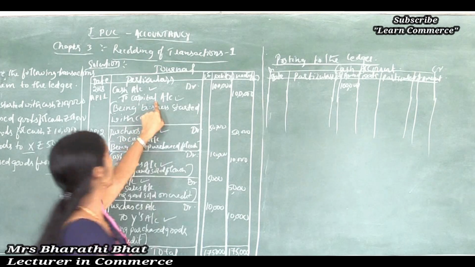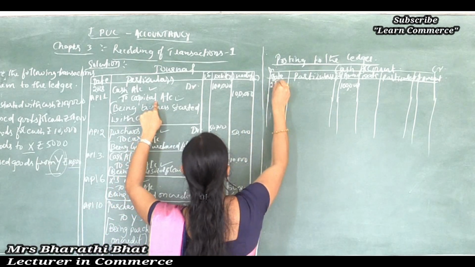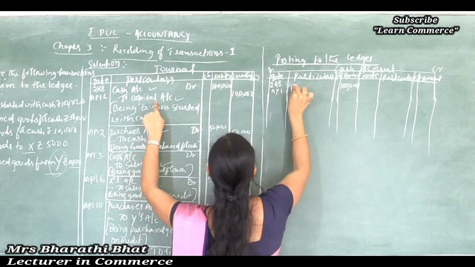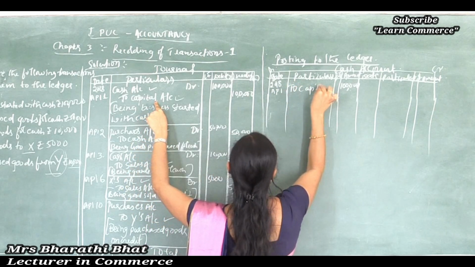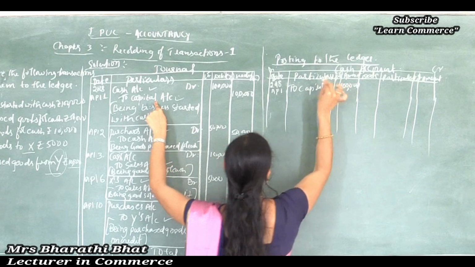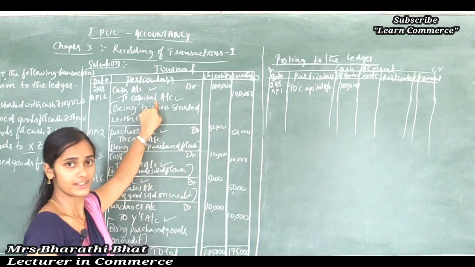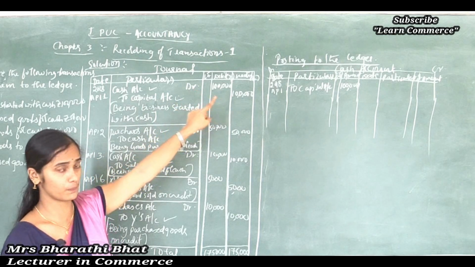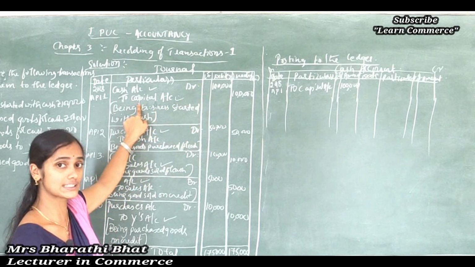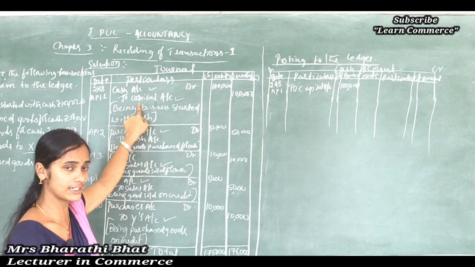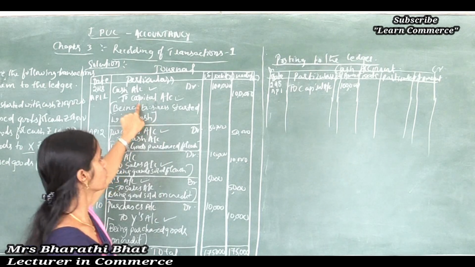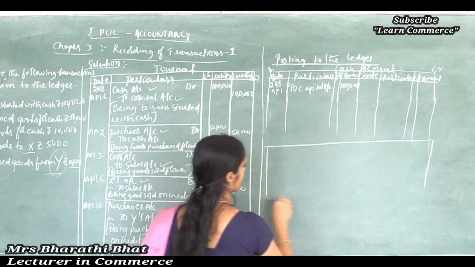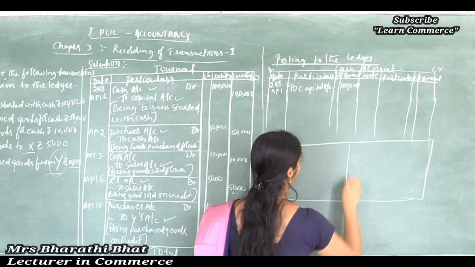This capital. So 2018 April 1st, to capital account. Clear? Cash account is affected, debited 1 lakh rupees, affected by this capital account. Clear? So capital account. When we are preparing capital account, just see capital account.